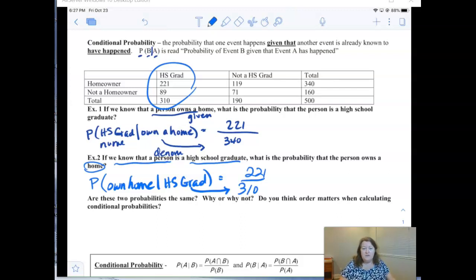Do you think order matters when calculating conditional probabilities? Yeah, it absolutely does, because if I put the wrong given that on the wrong side, then I have the wrong denominator to work with. So are the two probabilities the same? No. Why not? Denominators are different.